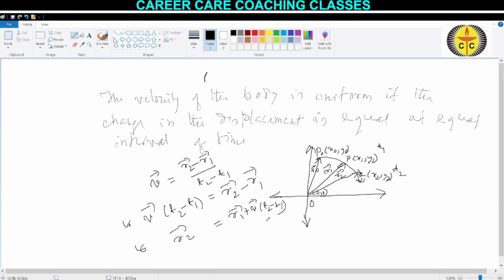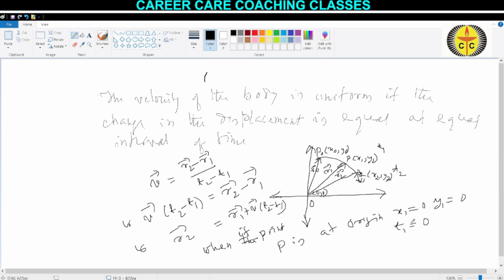That means your x1 becomes 0 when the point P is at origin. Then when the point P is at origin, you can write x1 equal to 0, y1 is 0, and t1 is equal to 0.